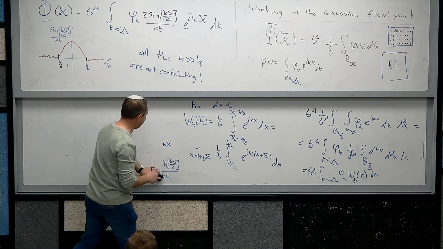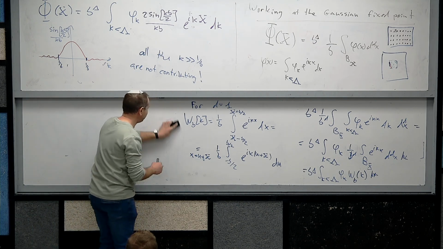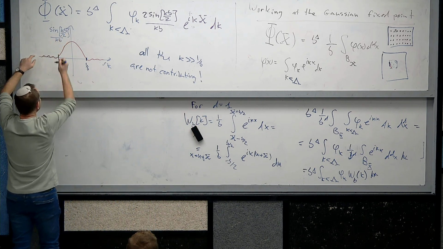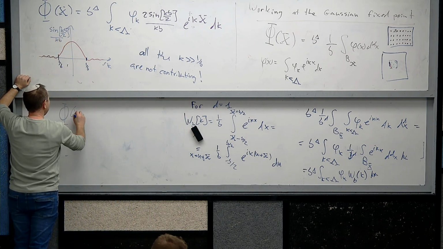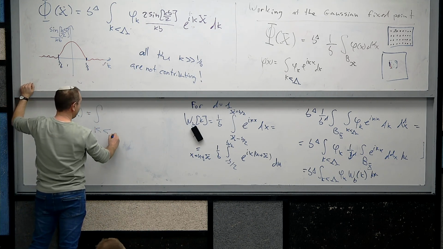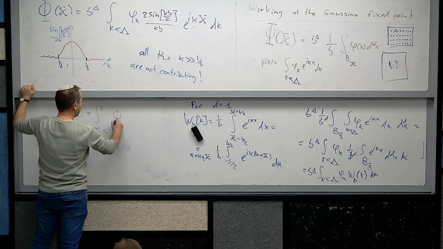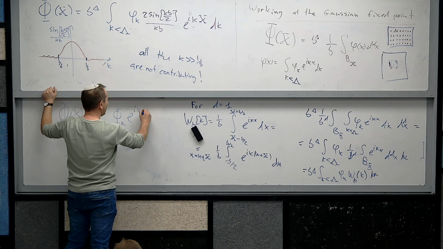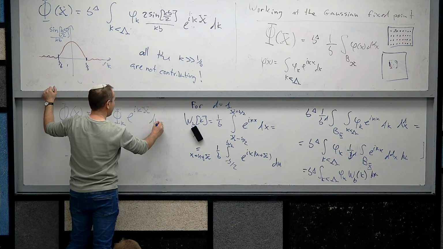If I'm doing this in 1D, I can say that phi of x is an integral over k smaller than delta of phi large of k e to the power ikx dk.